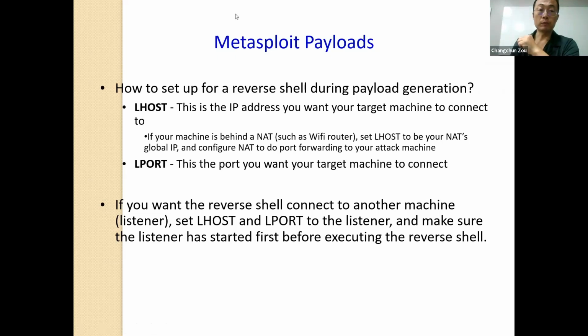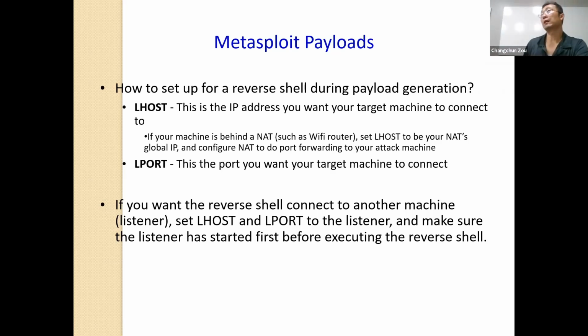So you can define LHOST to be a third computer. Then on the third computer, you can open a listener on this specific port to accept the Meterpreter shell connection.